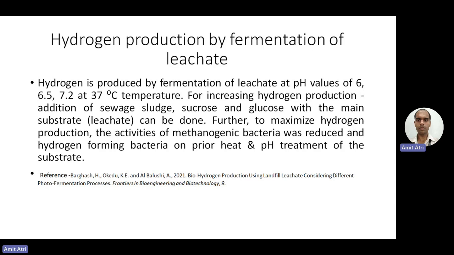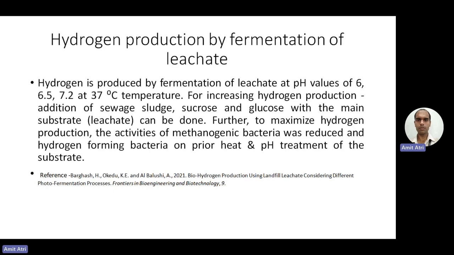At this pH value, the process of fermentation was carried out and hydrogen was produced. Hydrogen production was increased further by adding sewage sludge, sucrose, glucose with the main substrate, and the main substrate is leachate in this case.